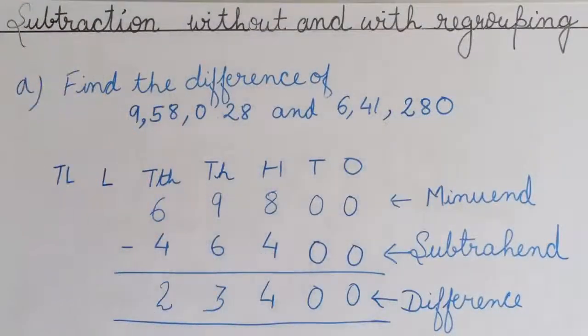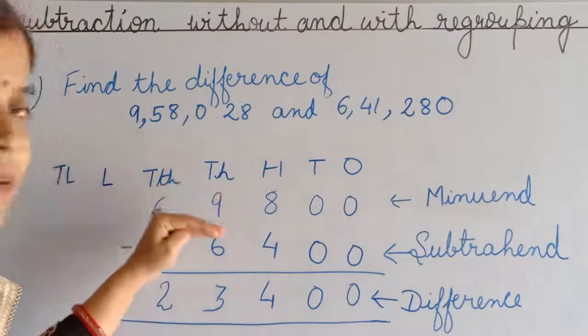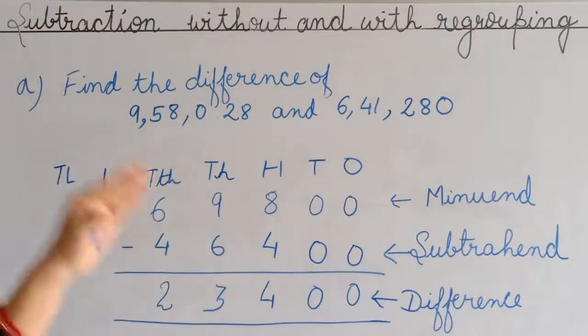We have to find the difference of these two numbers. Same rule we will apply here. First we will write the bigger number, then the smaller number in a place value table.